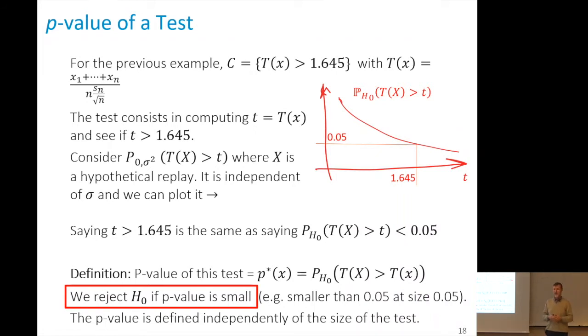We compute the p-value, we find 0.05, so we reject, or 0.01, so it's small, so we reject H0, we say it does have an impact. And the probability that we are wrong is 0.05 here. But we see it's not exactly that.